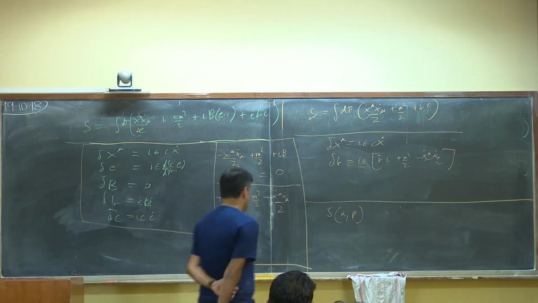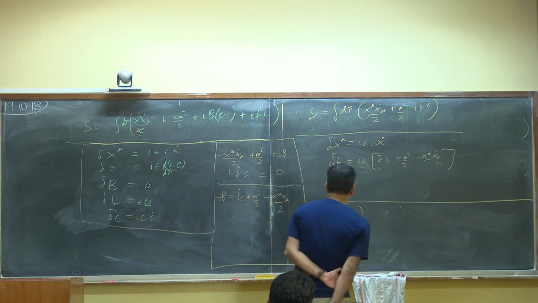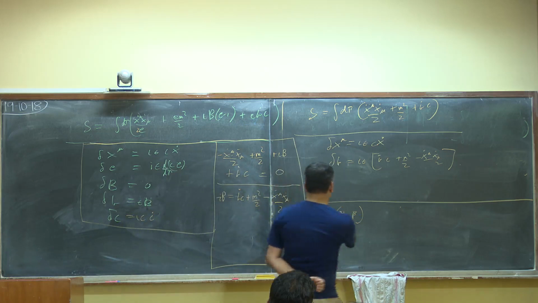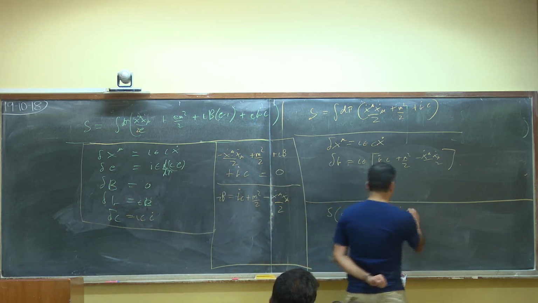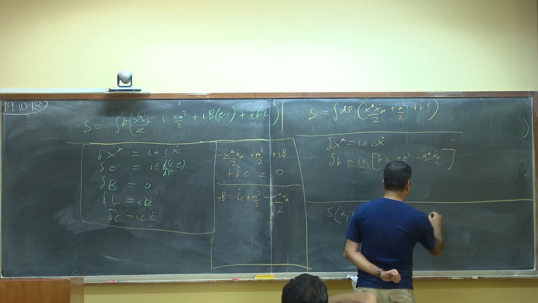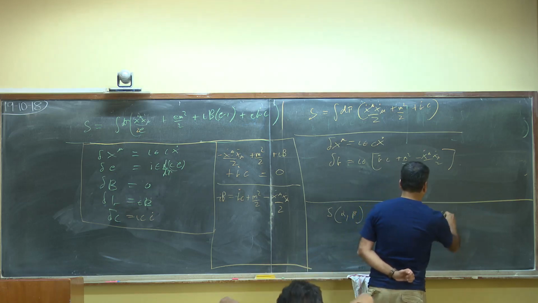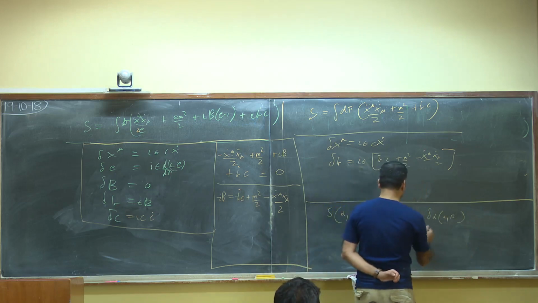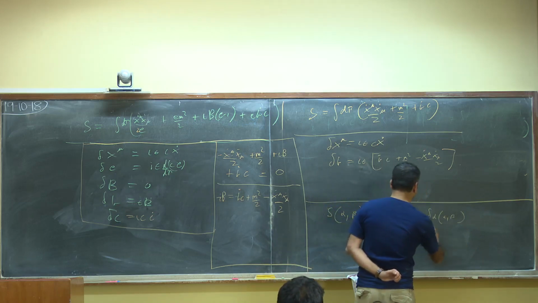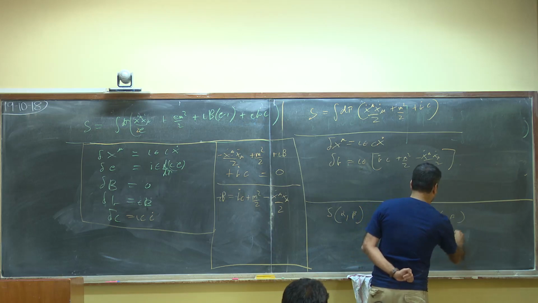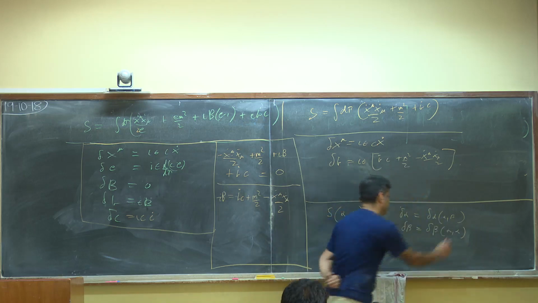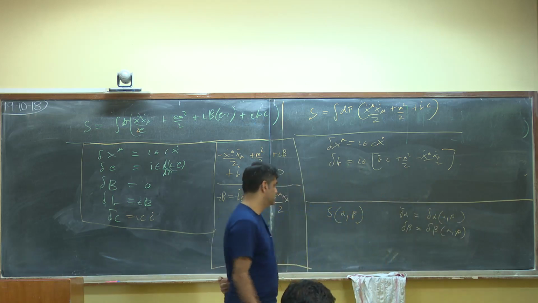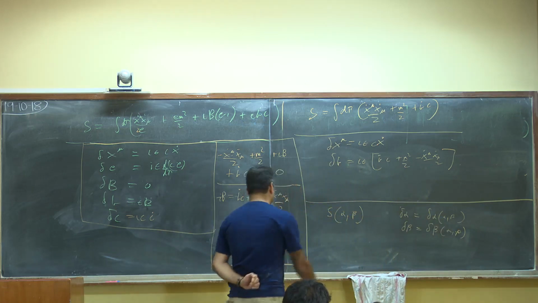Okay. Now, what we had was that there was a symmetry of this action. So delta alpha is equal to delta alpha of alpha and beta, and delta beta was equal to some delta beta also of alpha and beta, for any alpha and any beta.